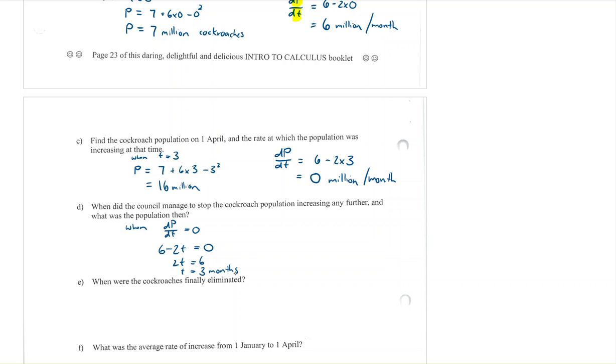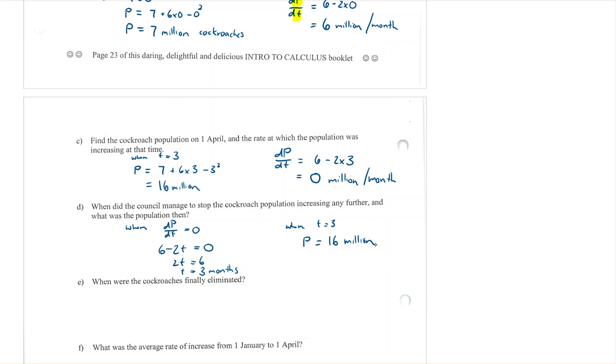It does say there, when did they manage to get the cockroach population under control? That's the 3 months. And what was the population then? 16. We already know. It's a bit of a double up here. So let's just repeat that. When t equals 3, we already know that the population is equal to 16 million. I won't sub it in again. We already worked that out before.